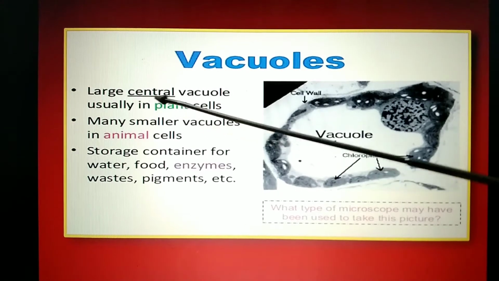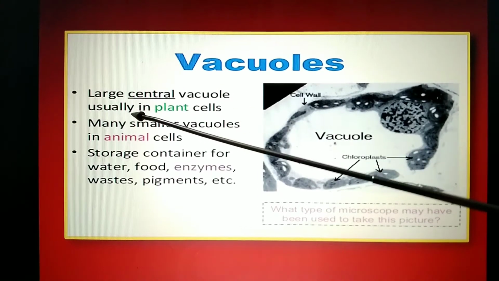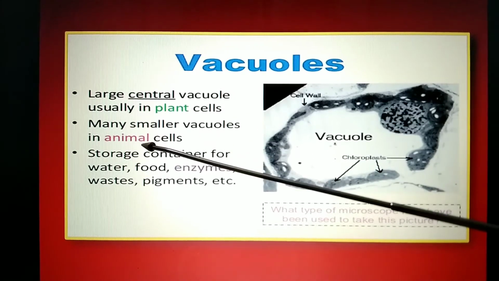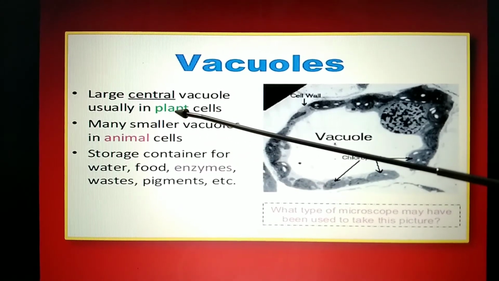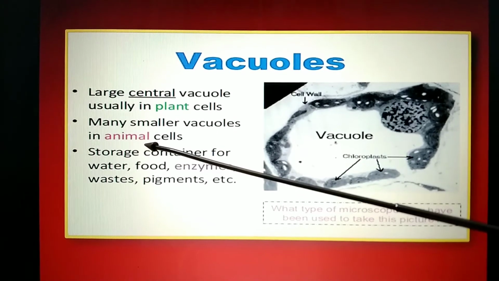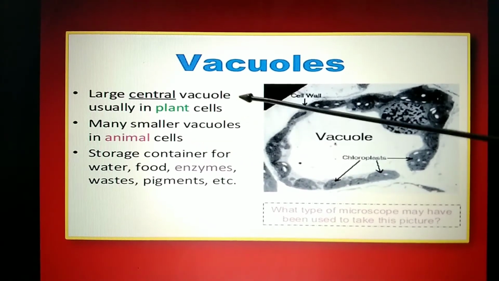A large central vacuole is usually present in plant cells, whereas in case of animal cells it is very small in size.